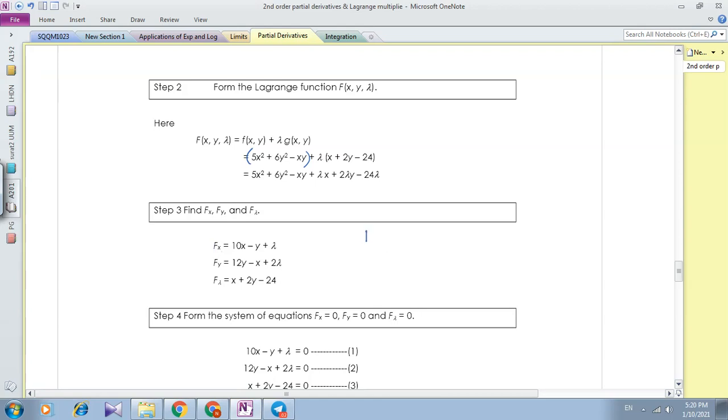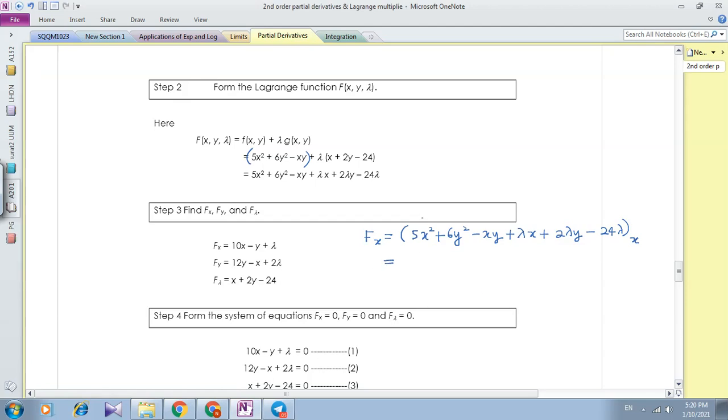So F of x means 5x squared plus 6y squared minus xy plus lambda x plus 2 lambda y minus 24 lambda, and we are trying to find the partial derivative with respect to x.